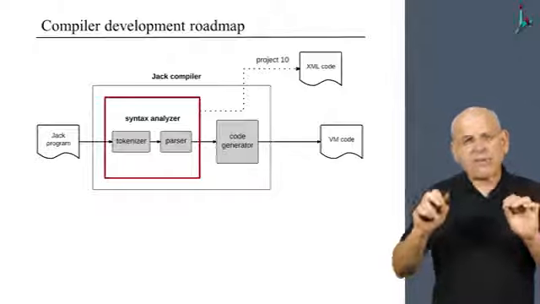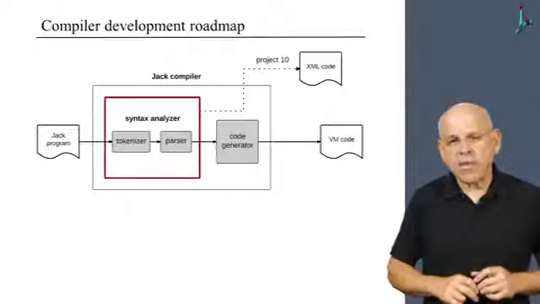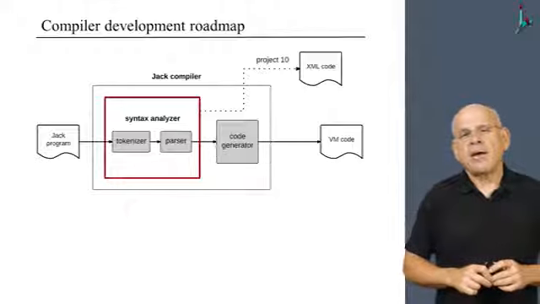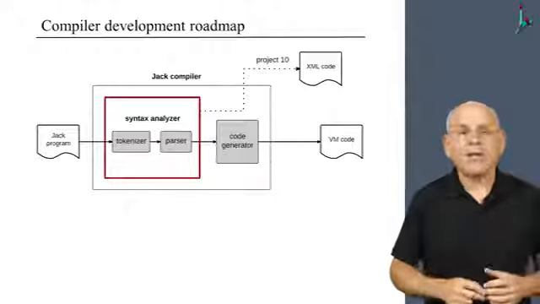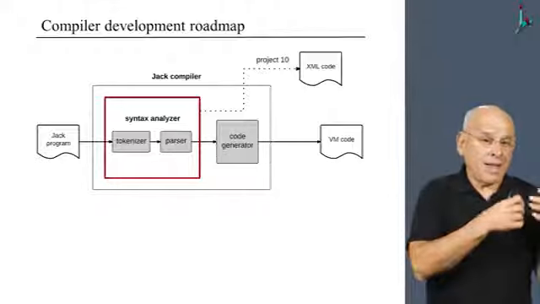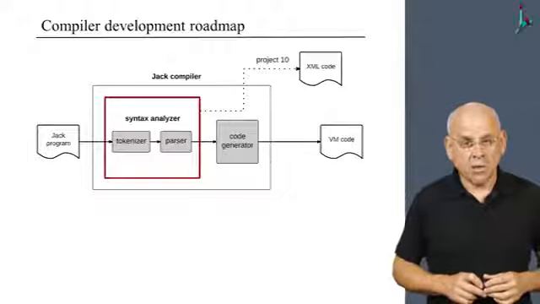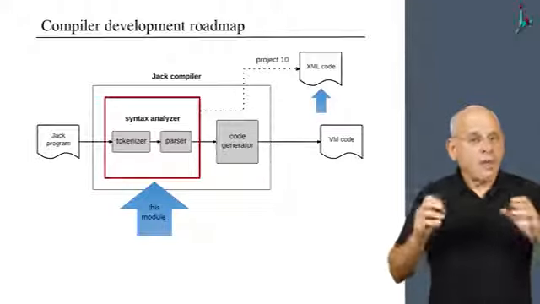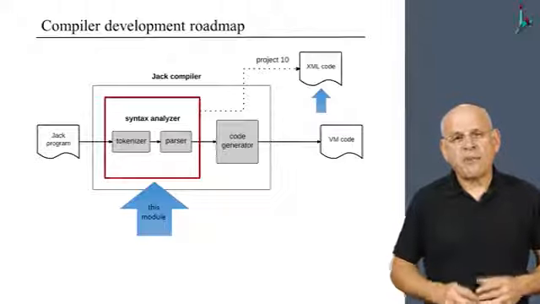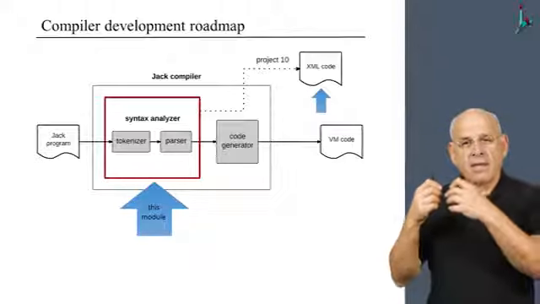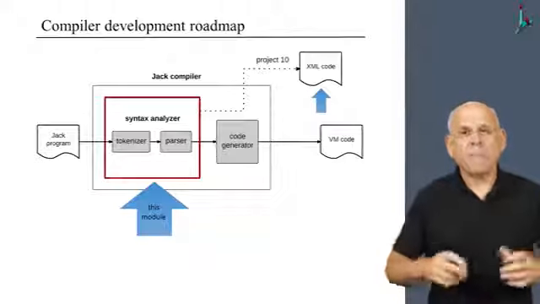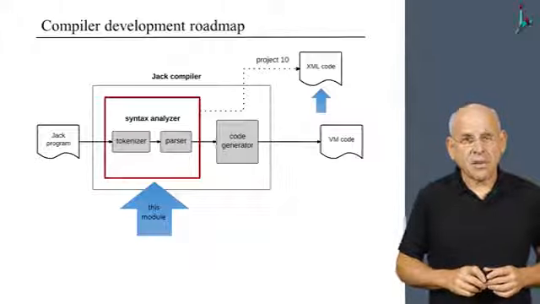So the act of generating this output file, the XML file, will be done in project 10, which will be described in the last unit of this module. So for now, what we have to do in this module is develop the tokenizer and the parser, which together make up the syntax analyzer.